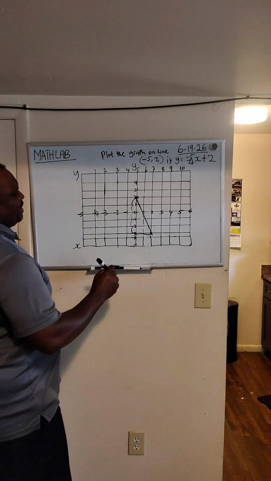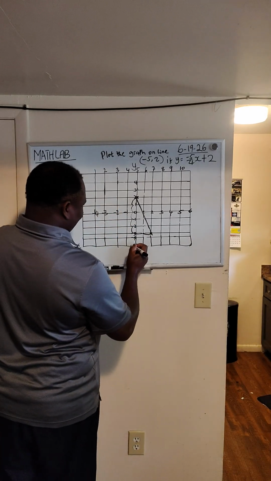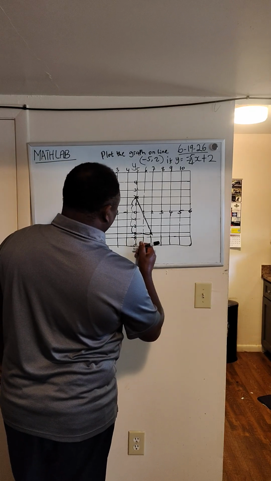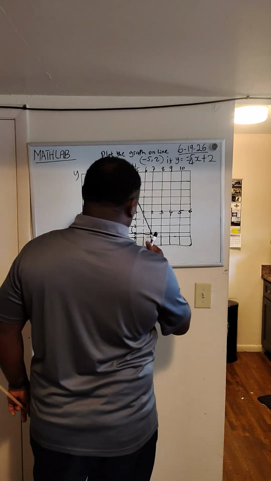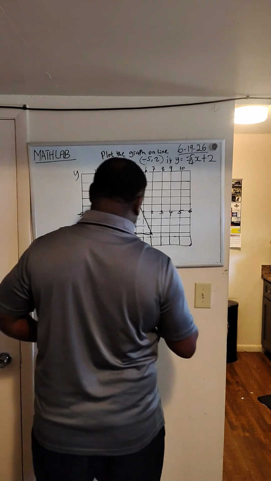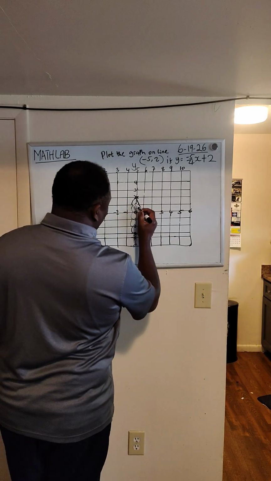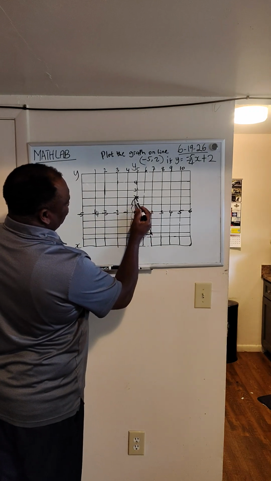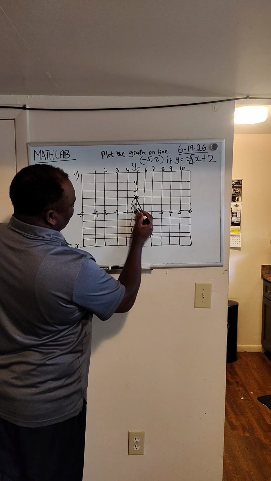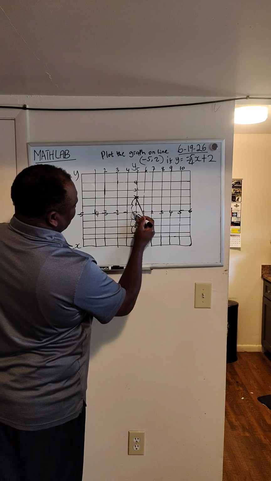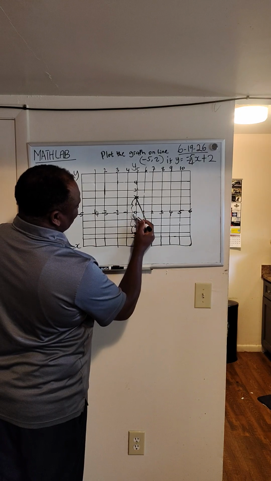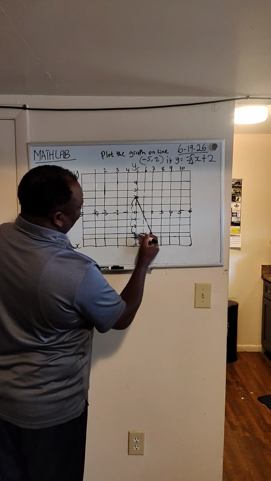So this point right here is negative 5, because it's negative, it's going down. Remember, it started from here. So 1, 2, okay, 1, 2, 3, 4, 5.